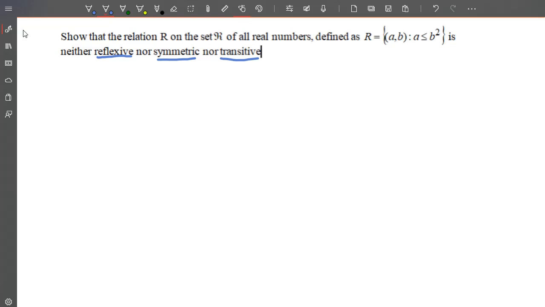Now for reflexivity we have to find one counter example. What is meant by reflexivity? For reflexivity, (a, a) belongs to R for every a belonging to the set of real numbers. This is the requirement of reflexivity. Now take a equal to half.